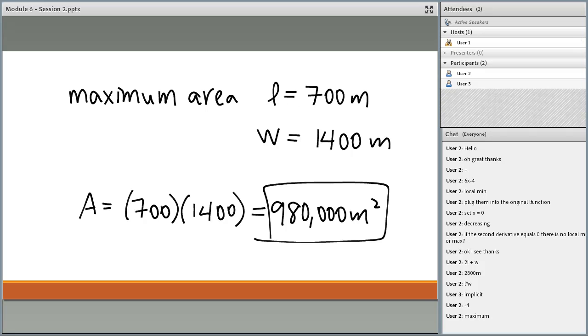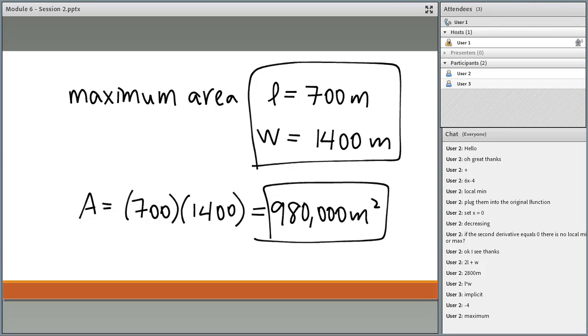And when we do that, we get 980,000 meters squared. So that represents the maximum area. And the dimensions are here.